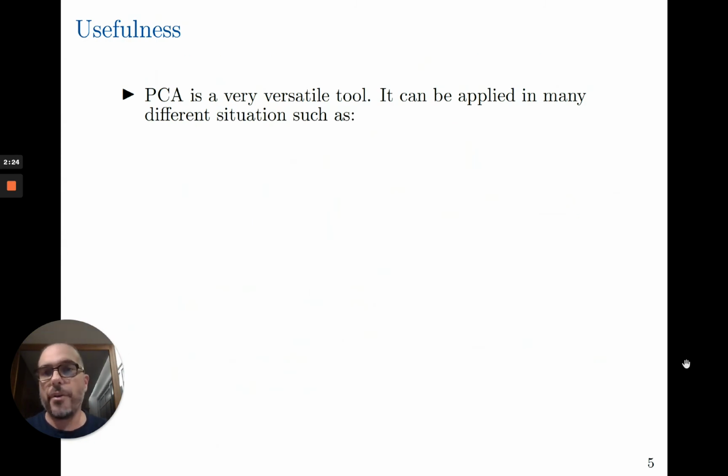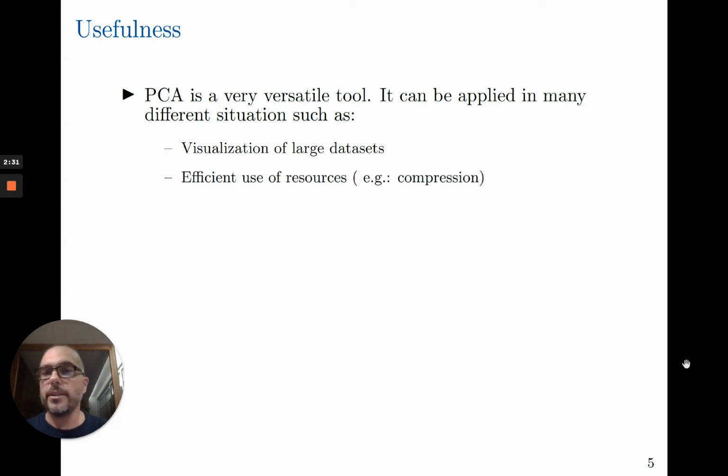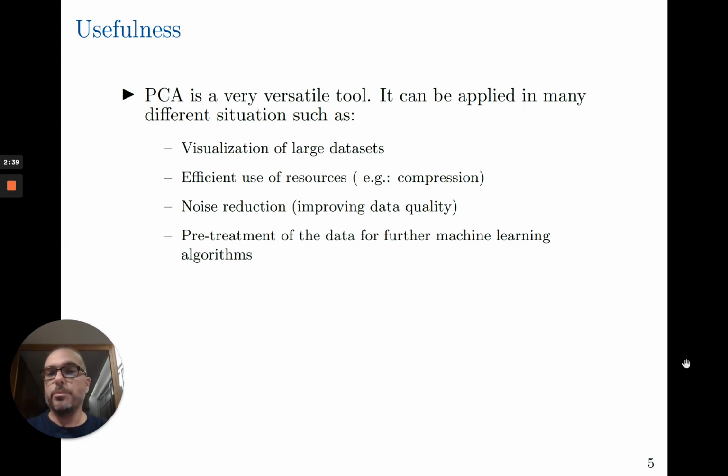So PCA is a very versatile tool. It can be applied in many different situations, such as visualization of large data sets, efficient use of resources like compression and noise reduction, improving data quality, pre-treatment of the data for further machine learning algorithms. So we can reduce the dimension of our data set, have fewer variables than in the beginning, and then feed machine learning methods such as the ones that we studied in the course with these new components.